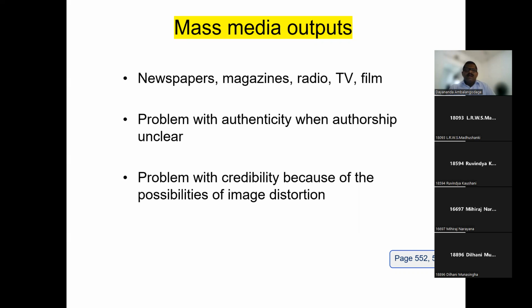But in certain cases, certain documents, even magazines, may not be easy to find. Problem with authenticity when authorship is unclear. When there's no authorship, authenticity is questionable. But newspaper articles are always published by certain people. But remember, when you use trade union articles, press conferences given by trade unions appear on the internet.